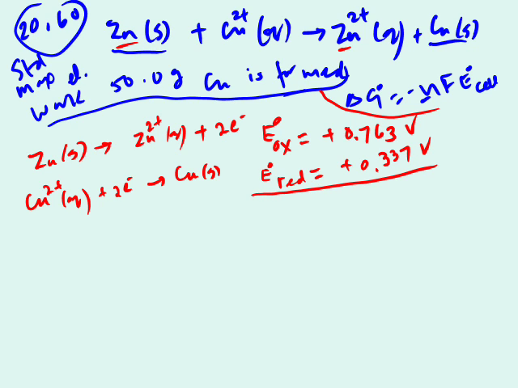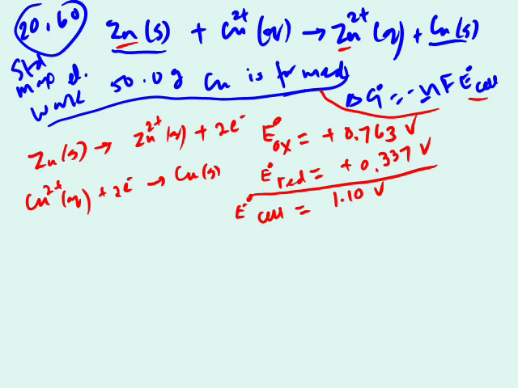Remember that we need to know the cell voltage, which is made up of E0 oxidation and E0 reduction. The sum of these gives you E0 of cell, or standard cell voltage. If you sum up these two numbers, you get 1.10 volts. Let's now do this calculation.